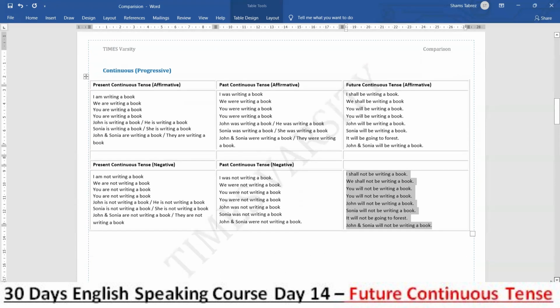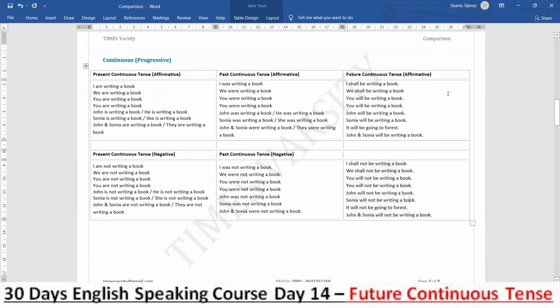In negative, if we compare, this is future continuous tense negative. Negative, right? So if we compare, not is added.